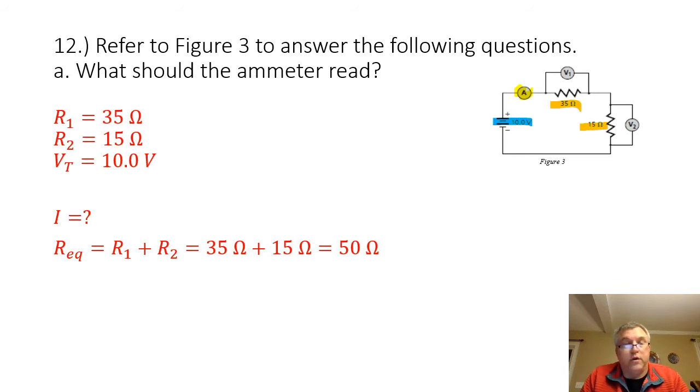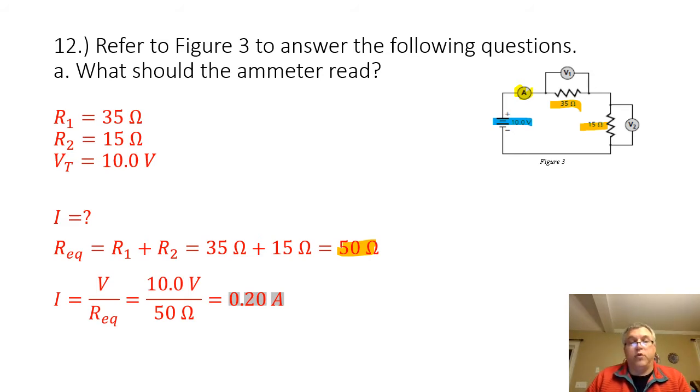So 35 ohms plus 15 ohms is going to give me an equivalent resistance of 50 ohms. And now that I know what the equivalent resistance is, I can use Ohm's law to calculate the current. So 10 volts divided by 50 ohms is going to give me 0.20 amps.